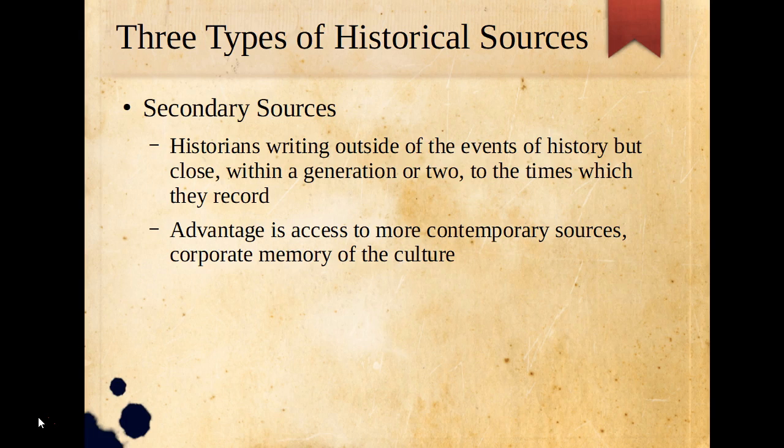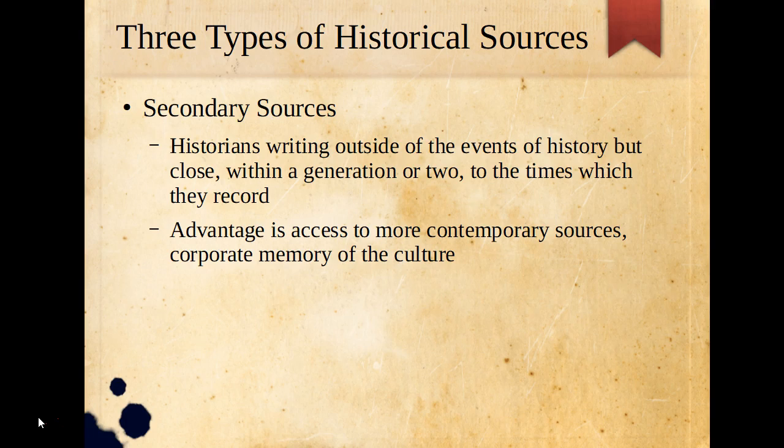You see, so primary sources are by the times, by the actors in those times, and secondary sources are right after that, where lots of evidence that will later get lost was available to them.